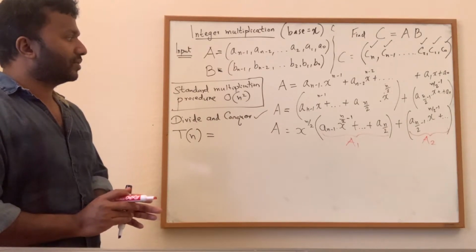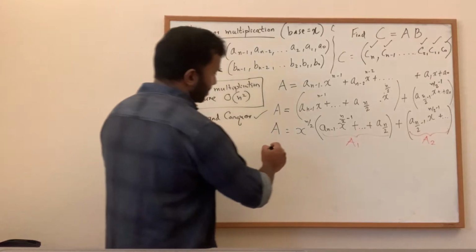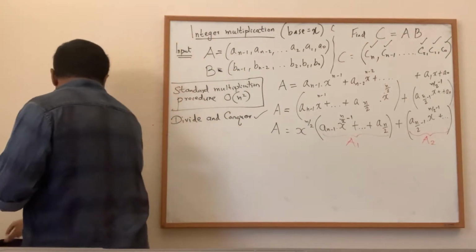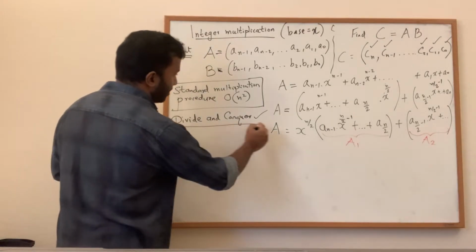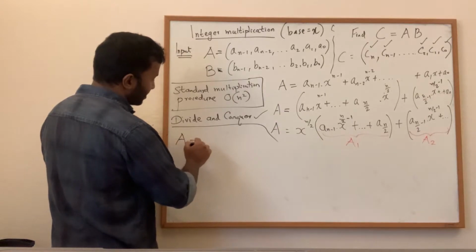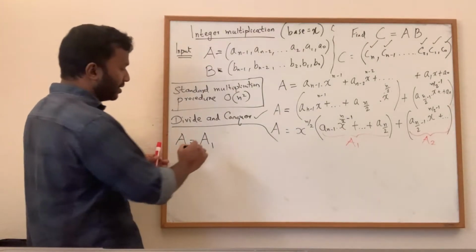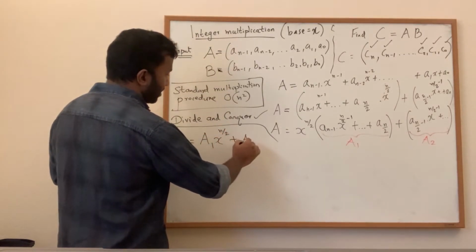Okay, so what I have done so far is this. I have written A as some A1, which is an n over 2 digit number, multiplied by x raised to n over 2, plus A2.